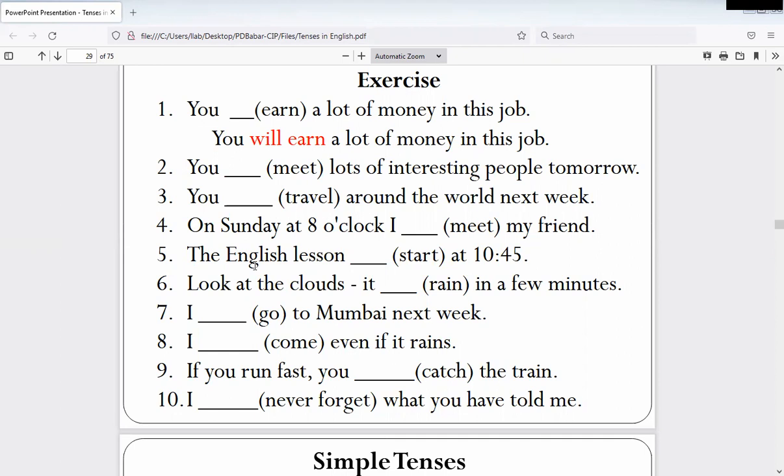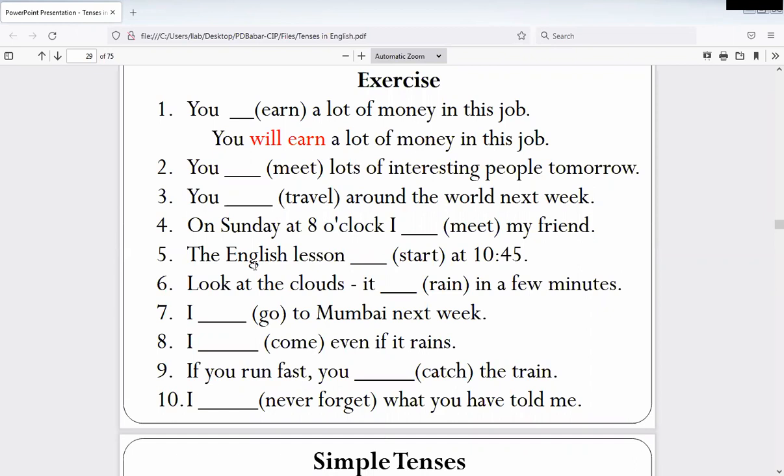Here, in bracket meet, we have to use the proper form of meet, but how to identify which form we have to use here? We have to use the form from the identifier, that is tomorrow. So tomorrow is the identifier, with this word we can identify which type of verb form or tense form we have to use in this example.